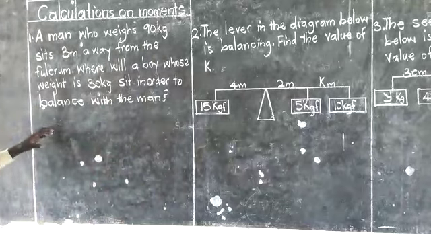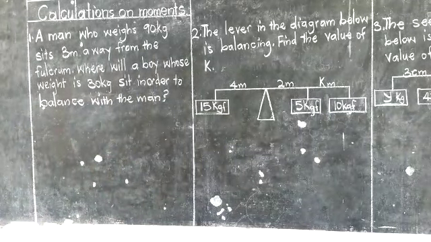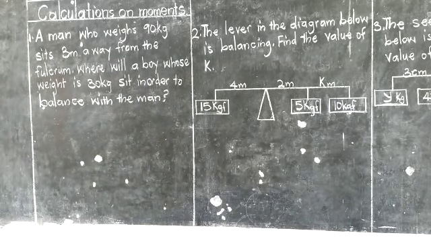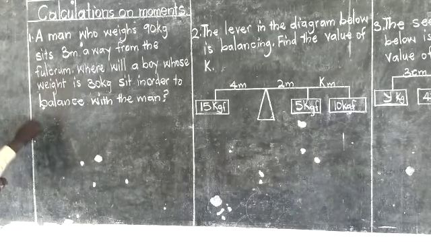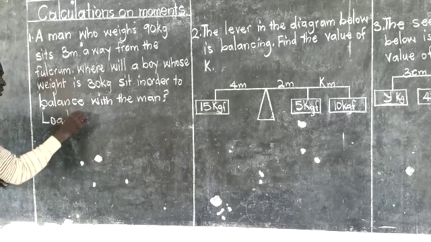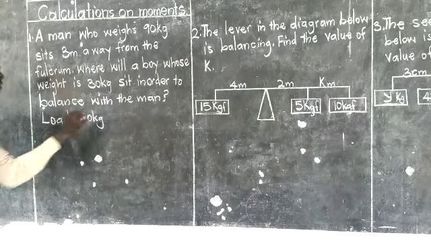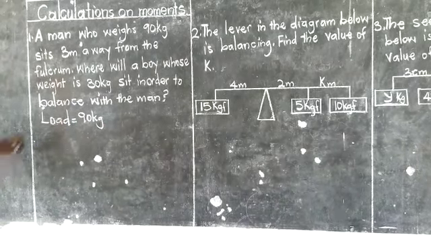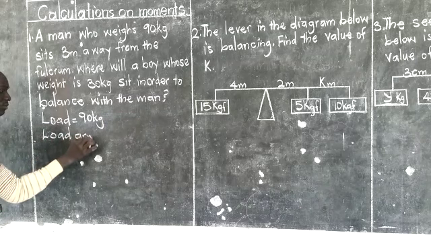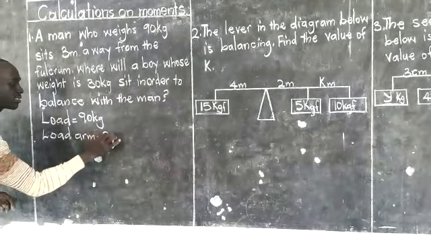Therefore, as we follow that principle, we don't need to identify the load in this question. This man is having a weight of 90 kilograms, and therefore the load is 90 kilograms, and the load arm for this case for the man is 3 meters.